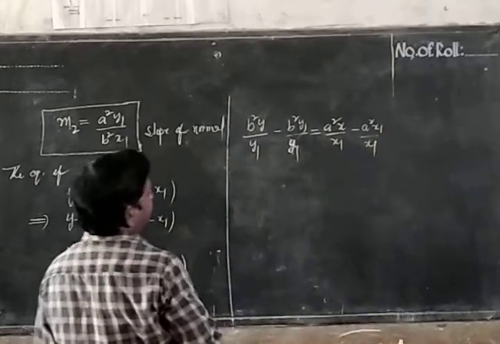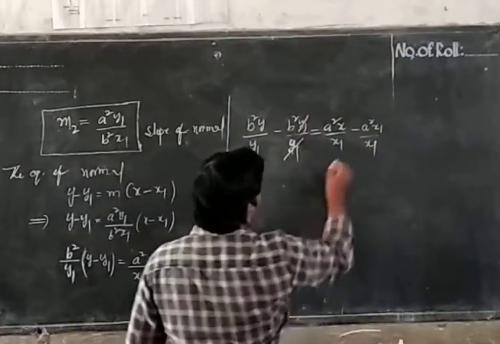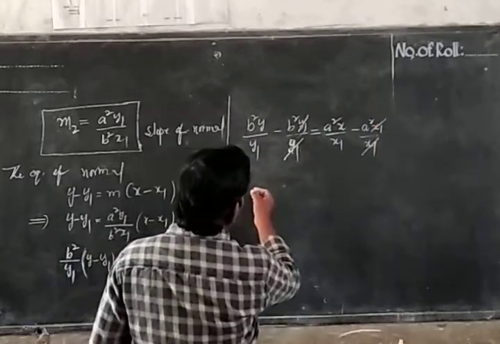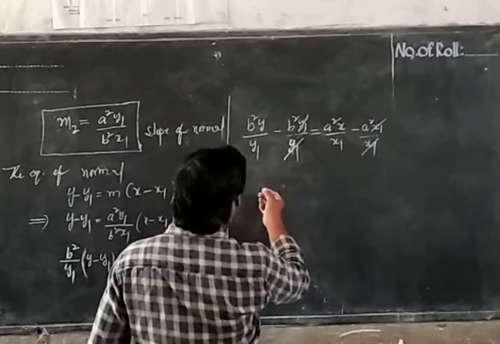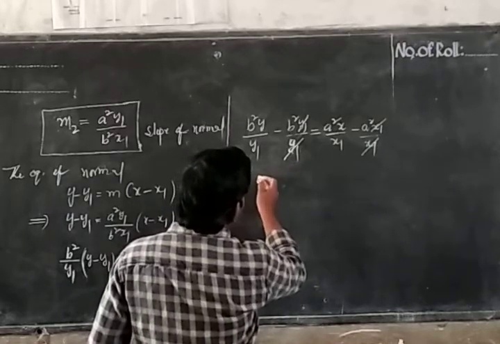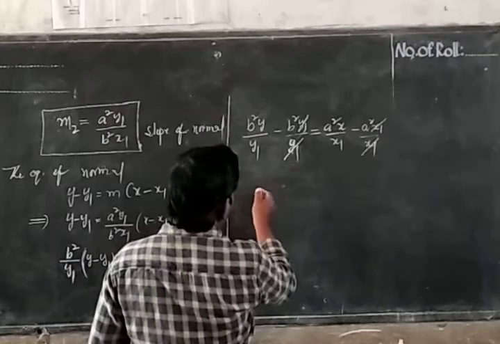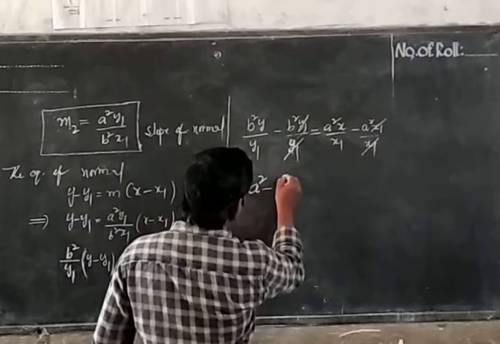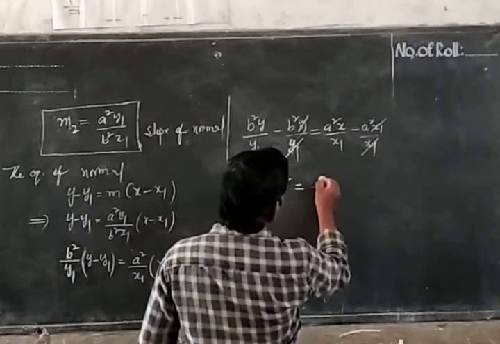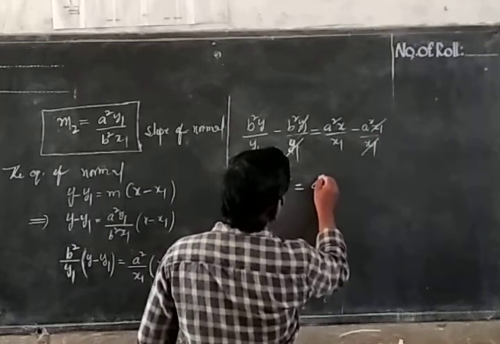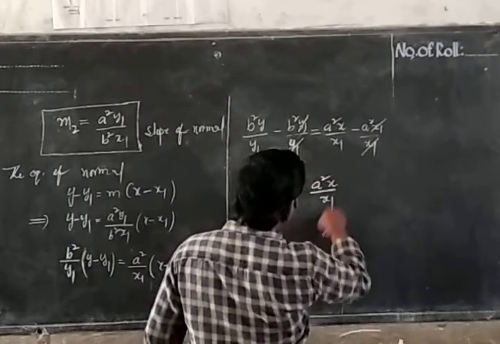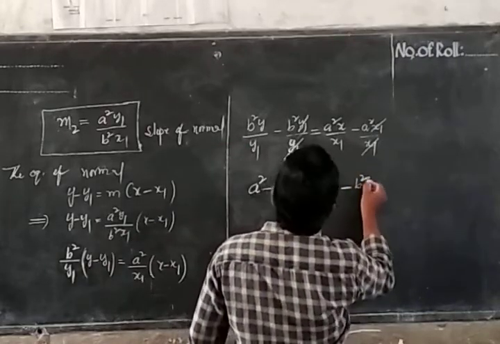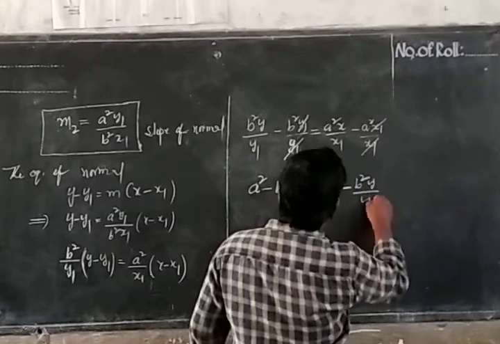So y1 and y1 both are cancelled, x1 and x1 both are cancelled. Now by the transposition, a square minus b square equal to a square x by x1. This is plus value, by the transposition it becomes minus value: b square y by y1.